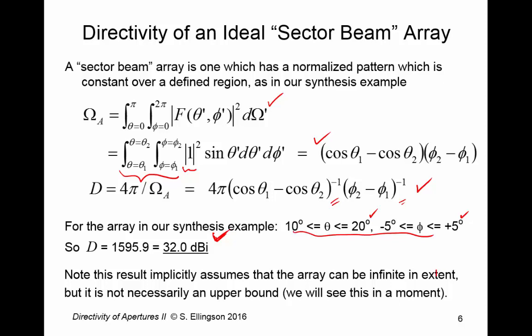This solution doesn't know anything about limits of the aperture. It's simply saying that if you do manage to achieve a sector beam with ideal characteristics, then this will be its directivity. I will show you, though, that this is not necessarily an upper bound. In other words, it's not really the best possible directivity we can get. You will find, and this is perhaps counterintuitive, that you can sometimes get better directivity by making the aperture smaller. So I'll plant that seed and then we'll come back to this later.